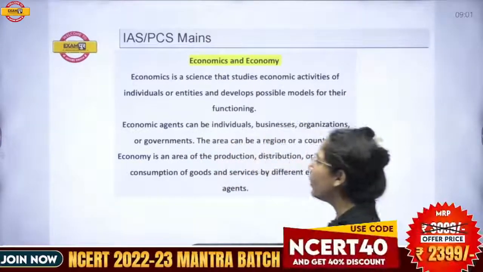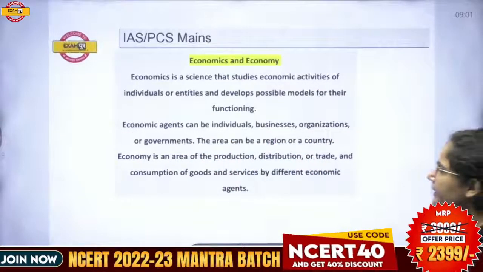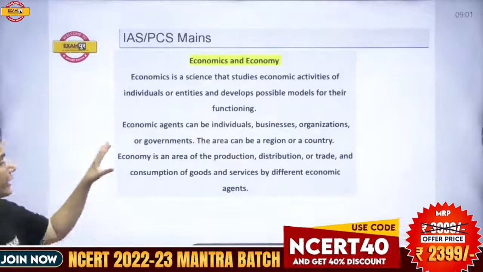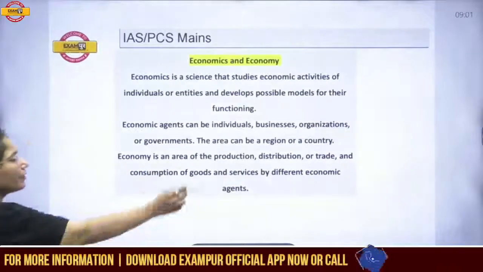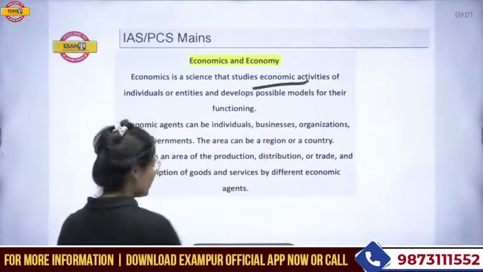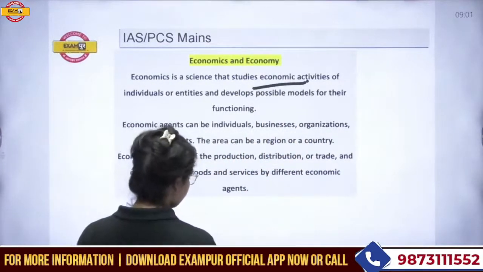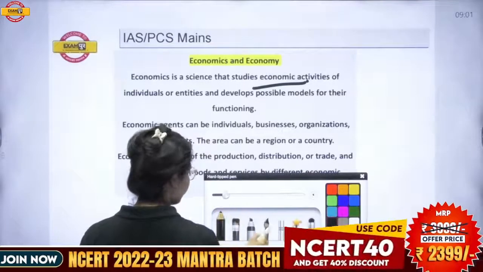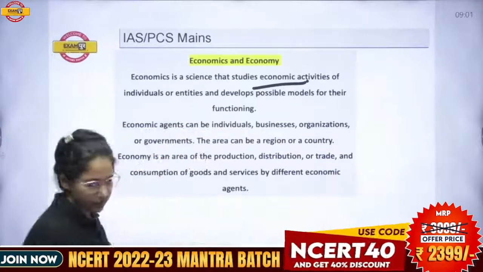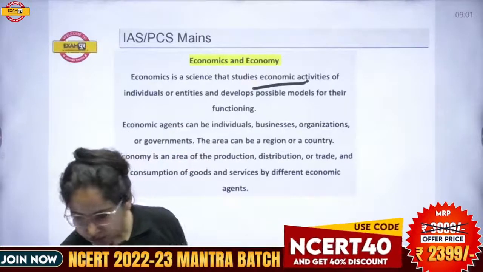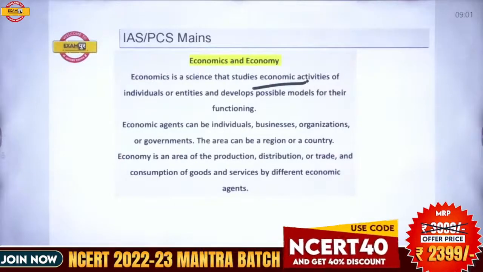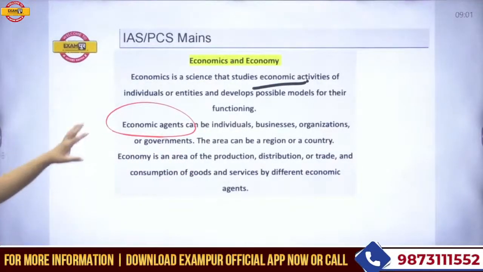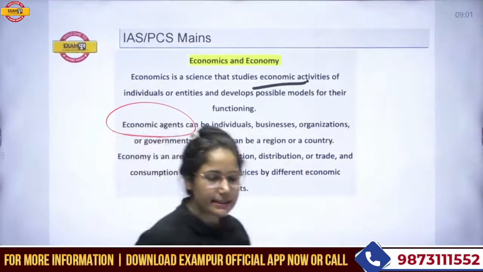So now, economics is what? It is the subject or science which studies economic activities, how things are going in the scenario, and develops possible models for the functioning of the economy or economic agents.